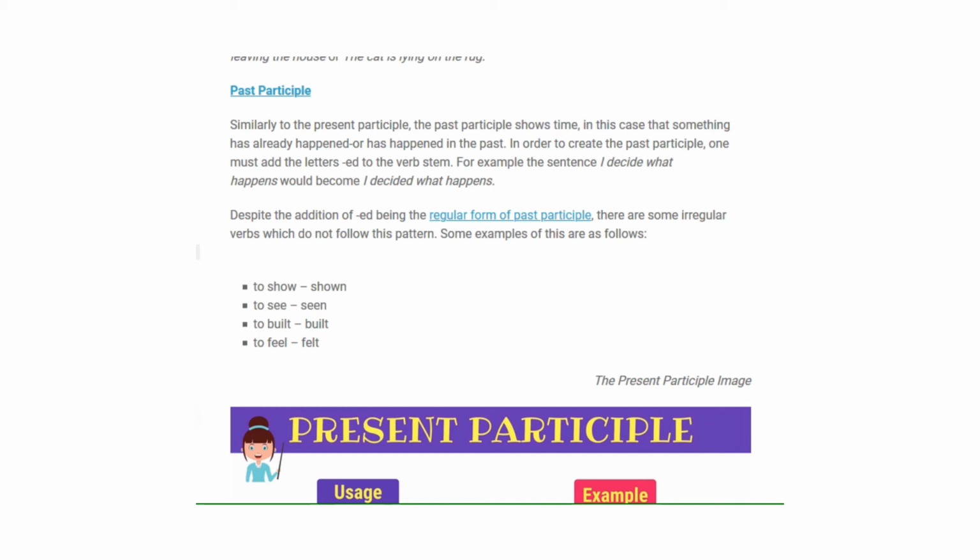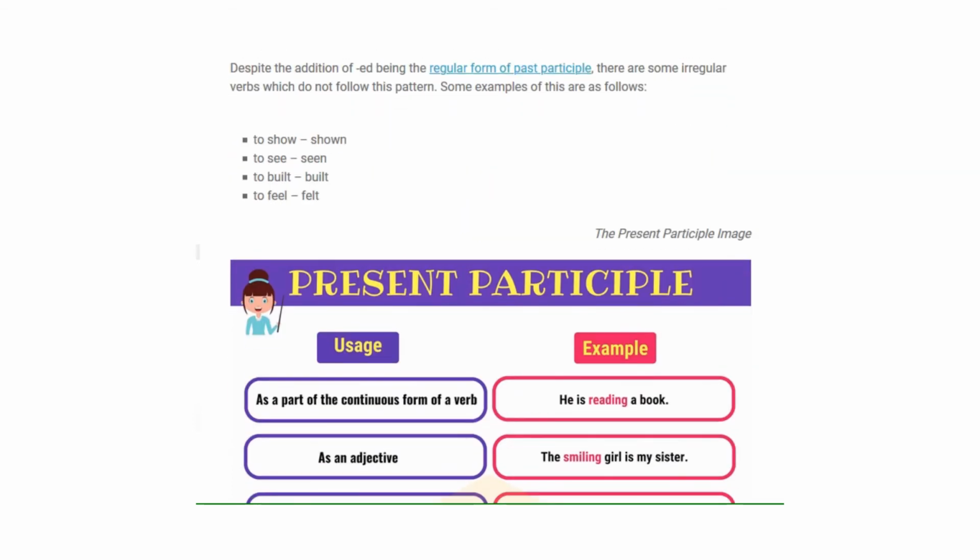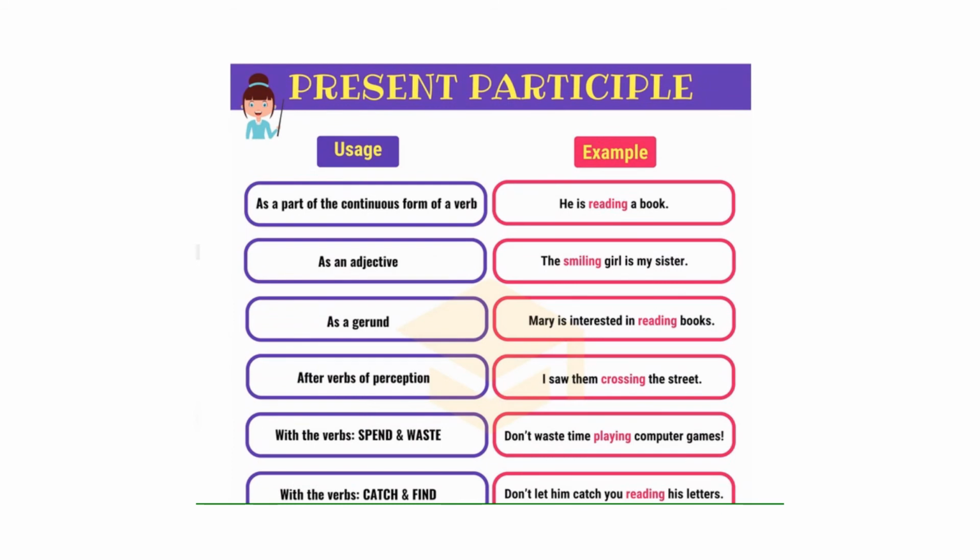So despite the addition of ed being the regular form of past participle, there are some irregular verbs which do not follow this pattern. Some examples of these are as follows: to show, shown; to see, seen; to build, built; to feel, felt. So there are always some irregular forms.